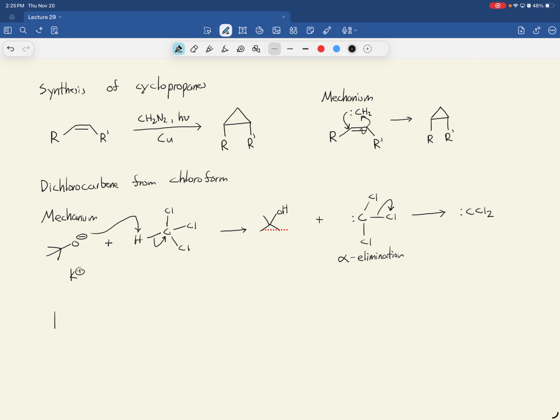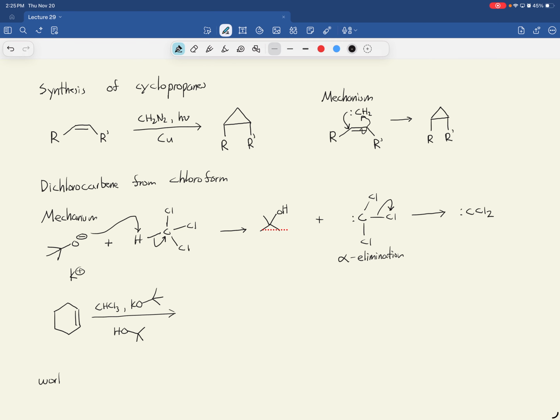So here's my example to you all. All right, potassium tert-butoxide, and then this is a solvent, tert-butanol. It won't react, so it's all right.